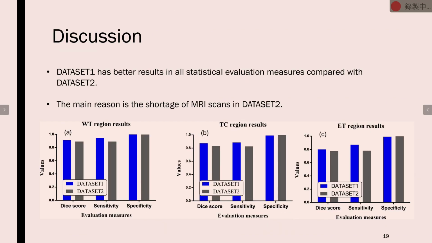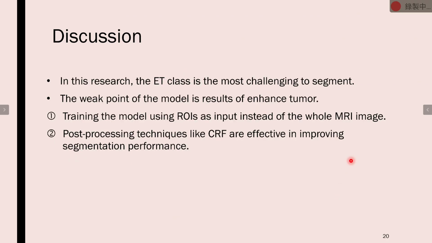In this discussion, it says that dataset 2's weak results are due to the limited data and the poor signal-to-noise ratio. The ET region remains the hardest to segment. So the study suggests two ways to improve ET segmentation performance.